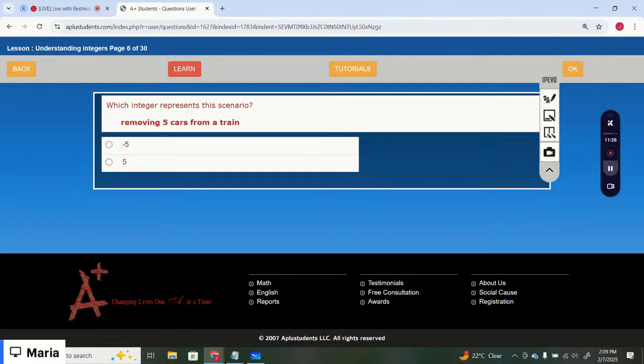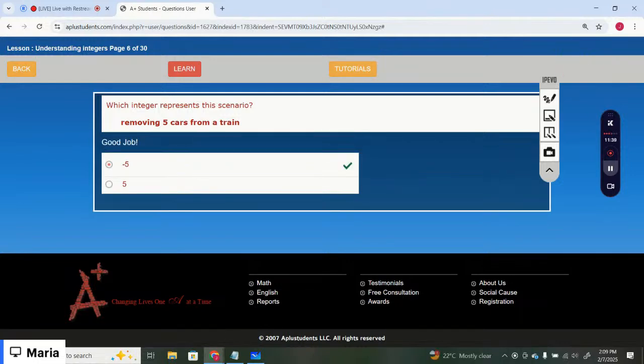Removing 5 cars from a train. It would be represented by the negative number. So option number 1 is the correct option.